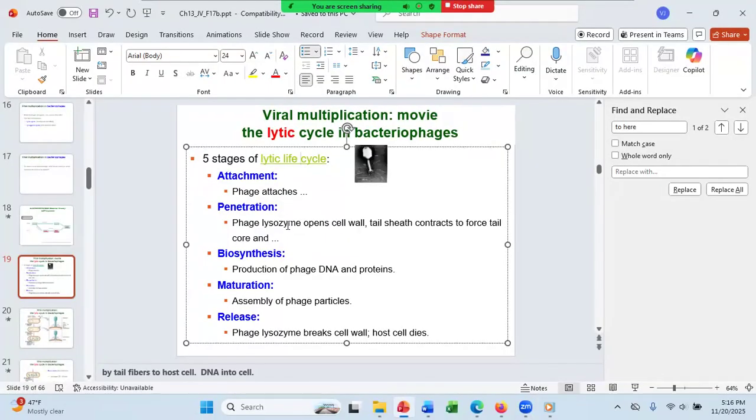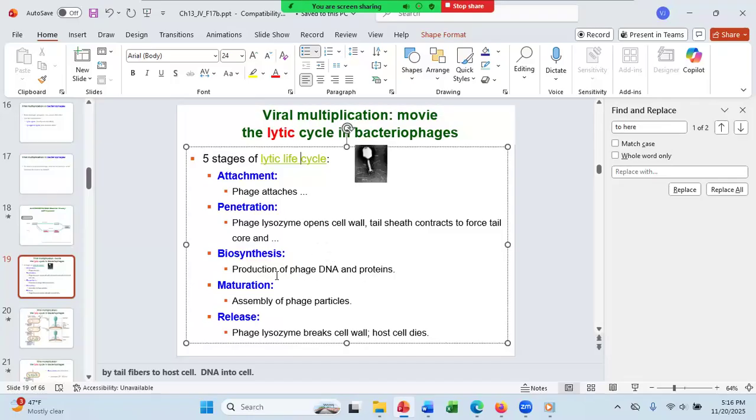All right, when the genome of the virus is injected into the host cell, the virus will then begin the biosynthesis stage, and this will be production of both the bacteriophage DNA and the bacteriophage proteins, especially the proteins that make up the capsid, the protein coat around the genome of the virus.